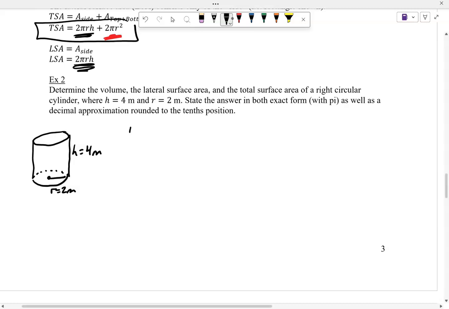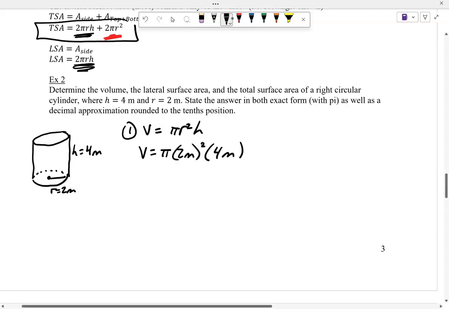So number 1, our volume would be pi r squared h. So we got pi, 2 meters being squared, times a height of 4 meters. And so we've got 2 squared is 4, times that other 4, 16 square meters. Okay, so our volume is 16 pi square meters.